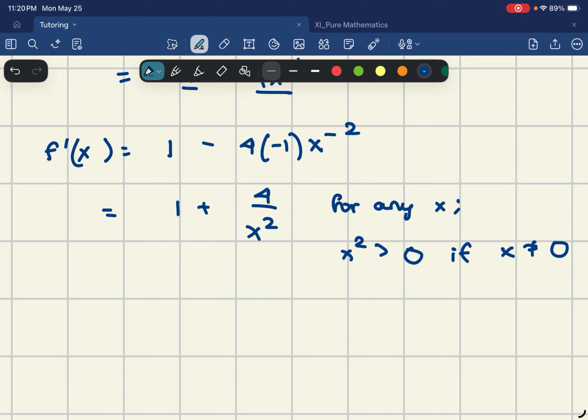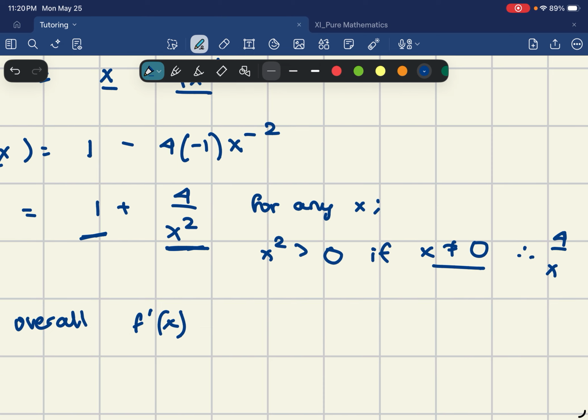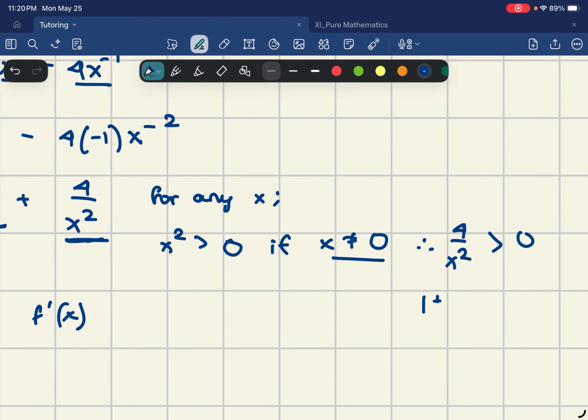Therefore, x squared is positive if x does not equal 0, right? Think about it. You square any number, you are never going to get something that is negative. This is something we talked about when we did domain and range of functions. The range of the squared function is all output values bigger than or equal to 0. So x squared is going to be greater than 0 if x is not equal to 0, and therefore 4 over x squared is positive. So 1 plus 4 over x squared is bigger than 1, which is bigger than 0.